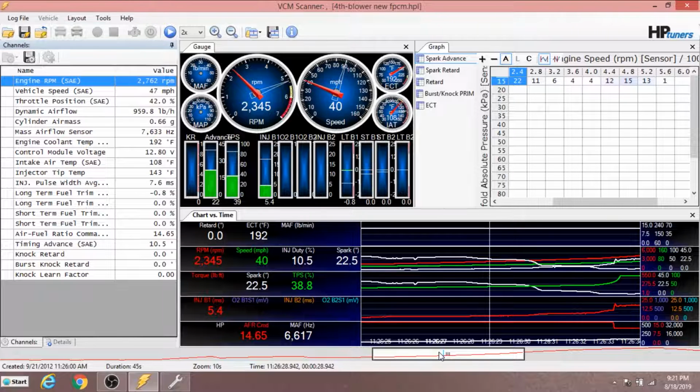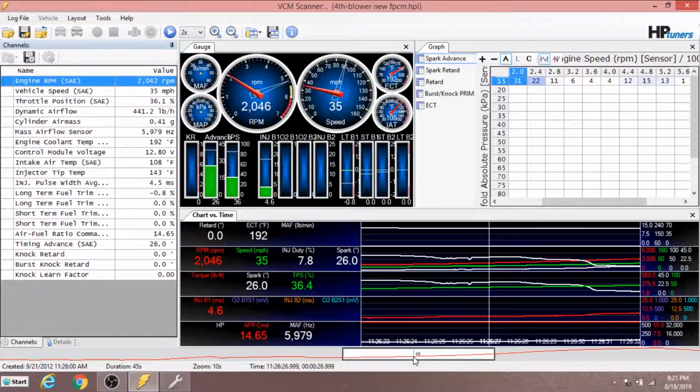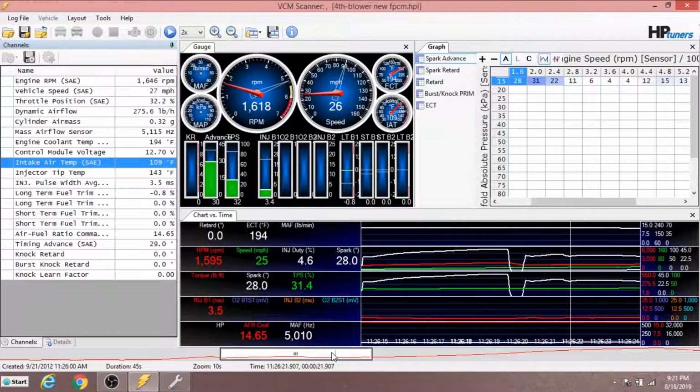So we'll talk about open and closed in a minute as well. But temperature sensor, very, very important. Again, to go back to AlphaN or speed density, speed density uses this sensor. AlphaN doesn't take this into consideration at all. So very, very key piece of data coming out of this sensor.